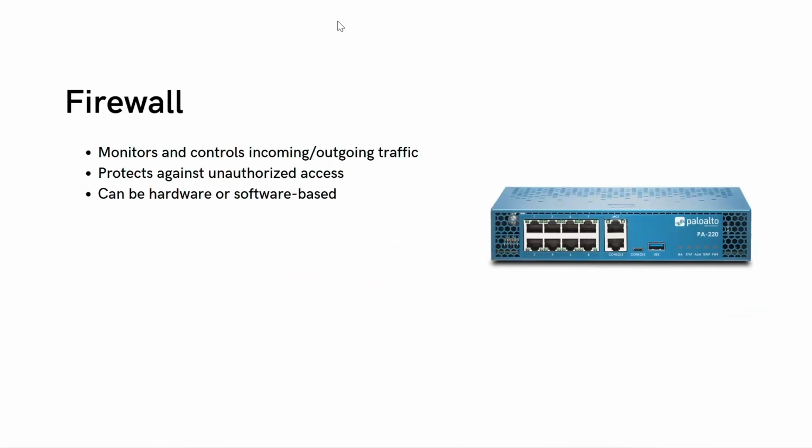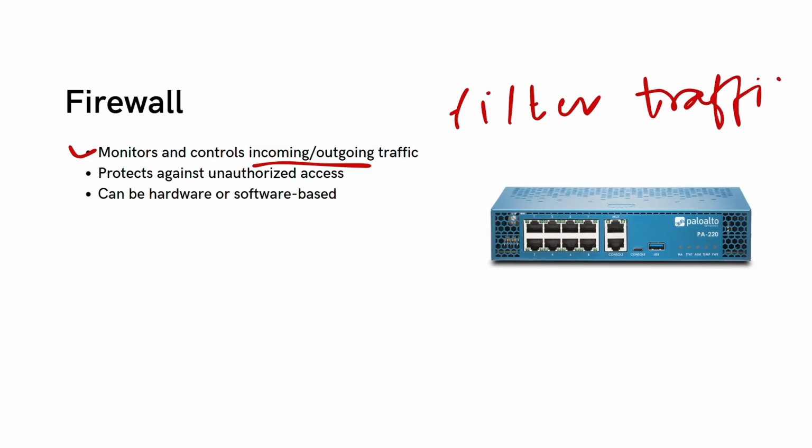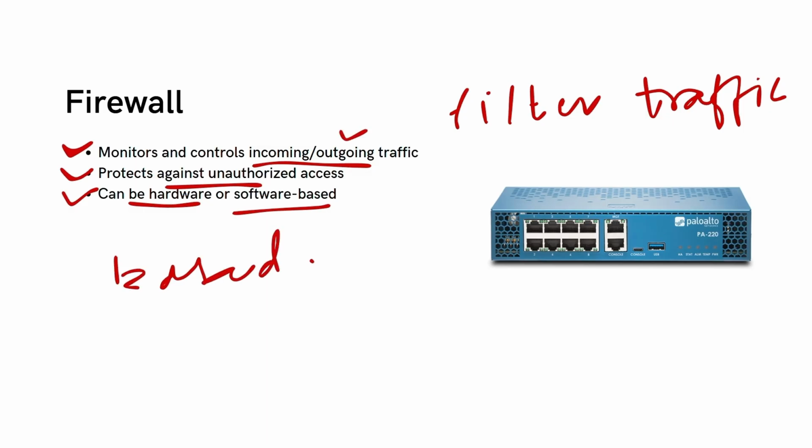So firewall, it monitors and controls incoming and outgoing traffic. It acts as a filter for traffic. It protects against unauthorized access, and it can be hardware or software based. A firewall protects the network from unauthorized access by filtering incoming and outgoing traffic based on rules. So this is the Palo Alto firewall.